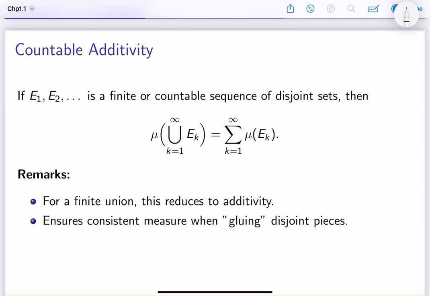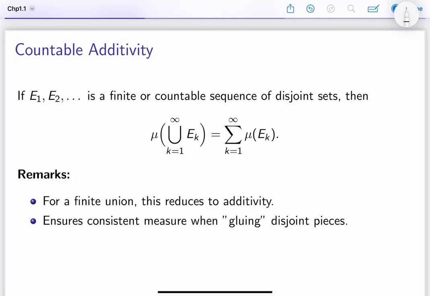What we want is the volume of a union of disjoint sets to be the sum of their volumes. So this is what we want it to satisfy, right? Because we expect, if we're taking the volume of two balls that are separated, that are away from each other, then the volume of this whole set would be the sum of the volumes, right? So this is what we are hoping this function satisfies, right?